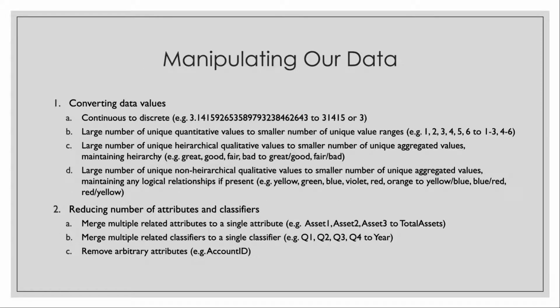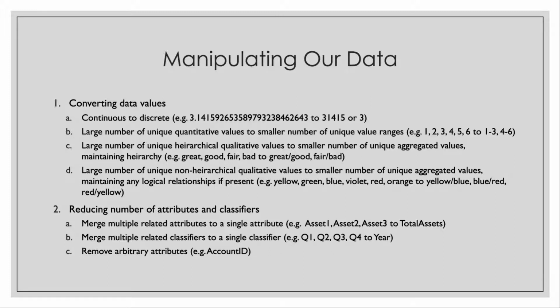After looking at our data, we may want to manipulate it. We can convert data values from continuous to discrete, because we don't want those continuous values. We want to convert a large number of unique quantitative values to a smaller number of unique value ranges.